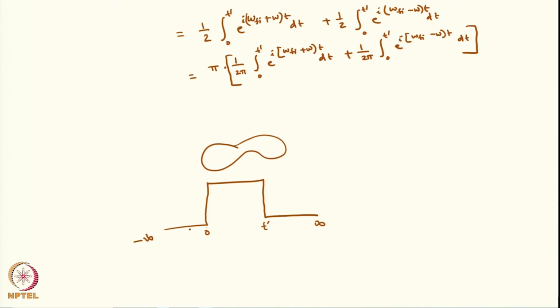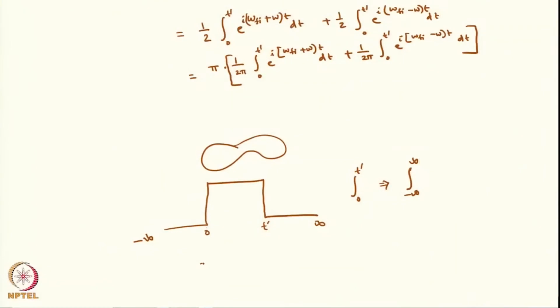So, instead of 0 to t prime as your definite integral limits, you can write it as minus infinity to plus infinity. Even though it is from minus infinity to plus infinity, the actual region in which the light acts on the molecule is only 0 to t prime. Rest of the time you are just adding zeros. So, it does not really matter.